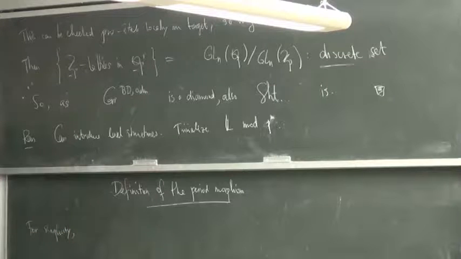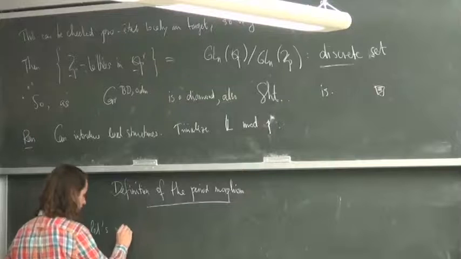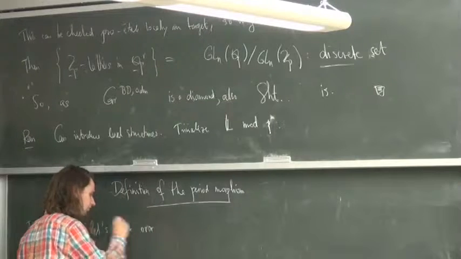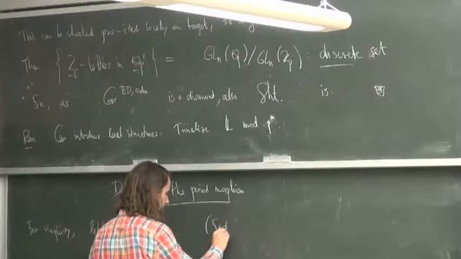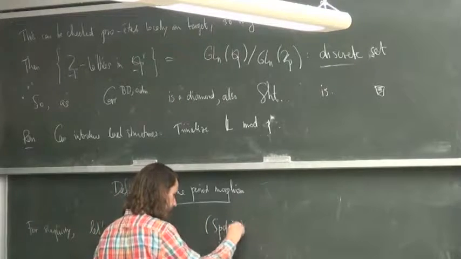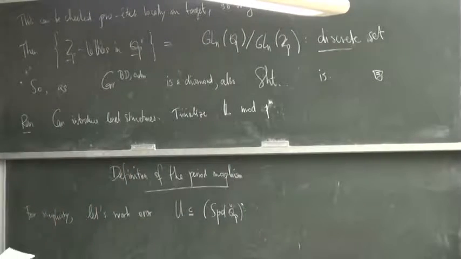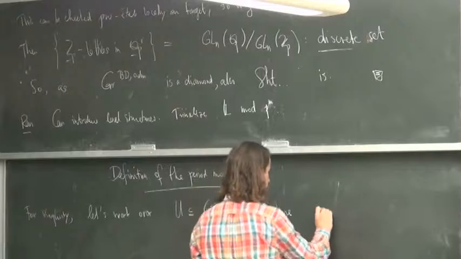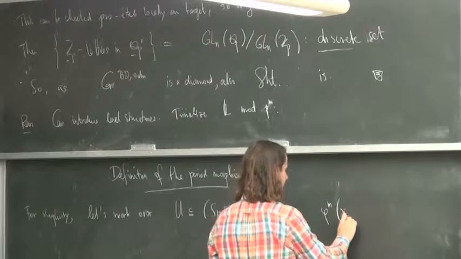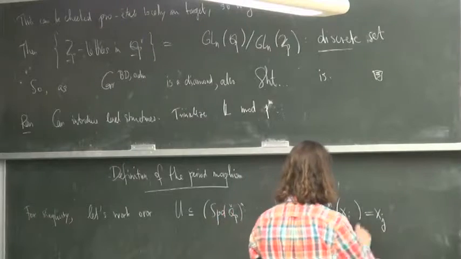So for simplicity, let's actually just work not over all of the base Spd QP to the n, but over a certain open subset, where it never happens that one point is a proper phi translate of another point.